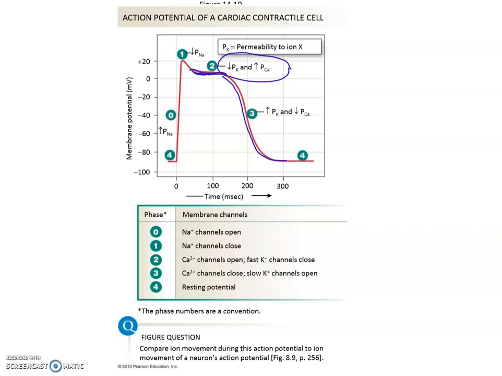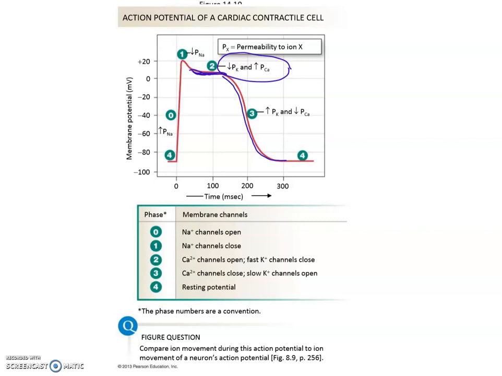So we need this shoulder to allow the time to travel throughout the entire myocardium. And eventually potassium wins. We're going to have a lot of potassium leaving the cell, which brings us back to our resting membrane potential all the way down to -90 millivolts, and then we can start over.